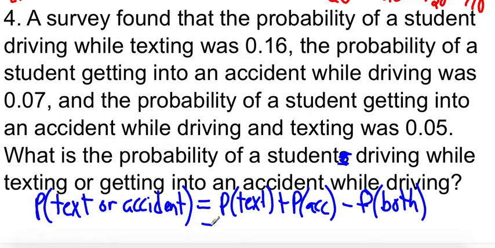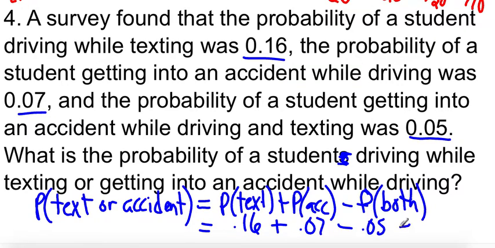Our probability of texting while driving is 0.16. Probability of getting into an accident is 0.07. And the probability of both of them happening was 0.05. So all we have to do is add those up. 0.16 plus 0.07 minus 0.05 is 0.18, or 18%.